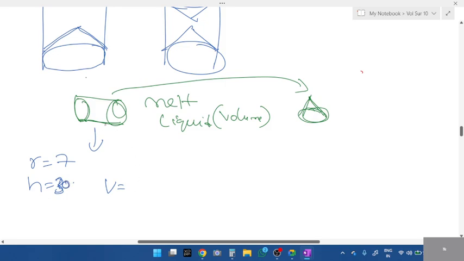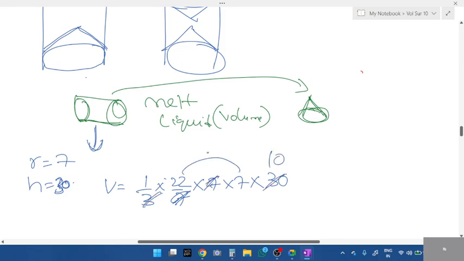Tell me the volume, students. Volume of cylinder, radius 7 and height 30: pi r square h, 22 by 7 into 7 into 7 into 30. 7 and 7 get cancelled, 3 tens. If you multiply, you get 1540. What's the volume we got? 1540. They'll ask you to find the cone.